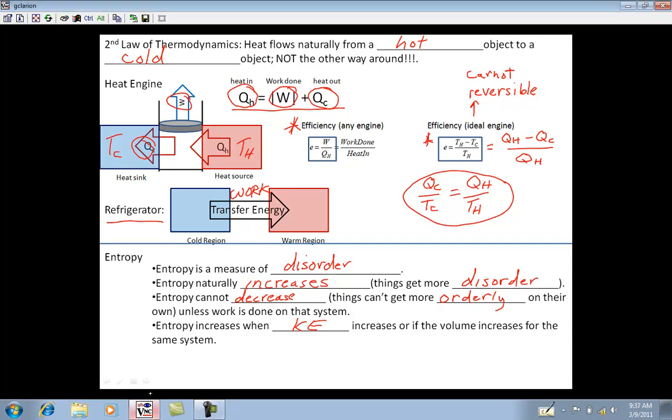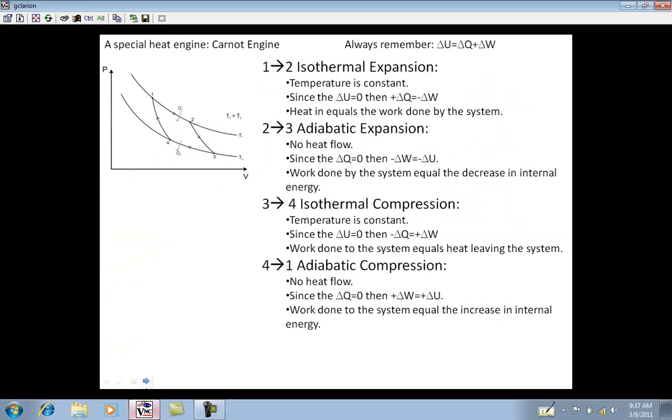Another thing that we need to know is this special heat engine, the Carnot engine. I've given you the entire setup for it, so you really don't need to fill anything in. The main thing about the Carnot engine is that it's based off of all things we already know.